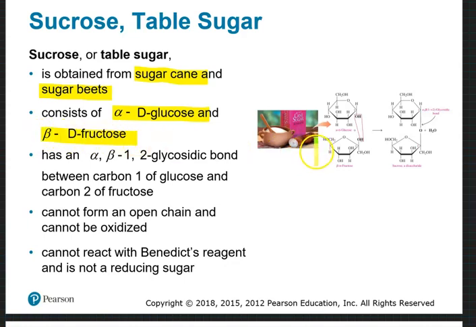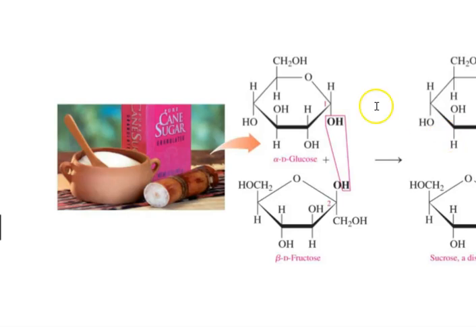Now the glycosidic bond is different. Look at this. Remember, fructose is a ketose. You have a bond between the hydroxyl group on the first carbon, which is in alpha position, and the hydroxyl group on the second carbon of fructose, which is in beta position.